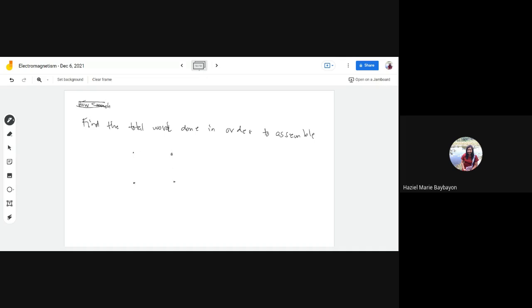So you have already found the fourth charge. Take note that this is negative Q, positive Q. This one is also positive Q. This one is negative Q. And the distance between them is A. So you have to submit this today.